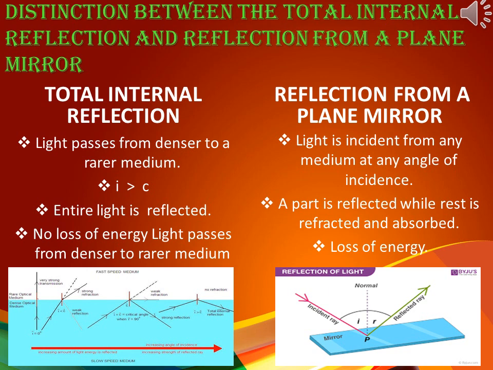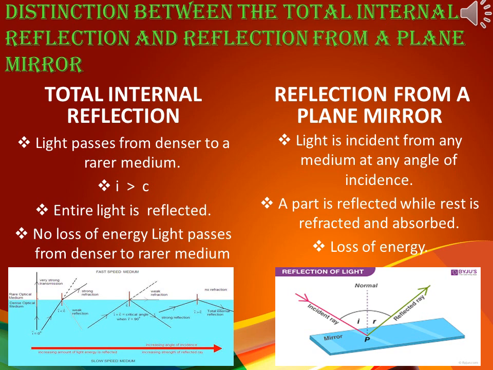In TIR, the image is much brighter and the brightness remains unchanged even after long use of the total reflecting device. Whereas in reflection from a plane mirror, the image is less bright and the brightness gradually decreases as the silvering on the mirror becomes old and rough.